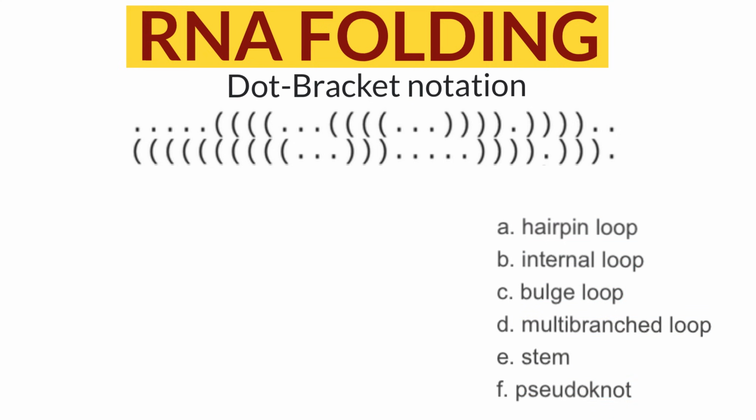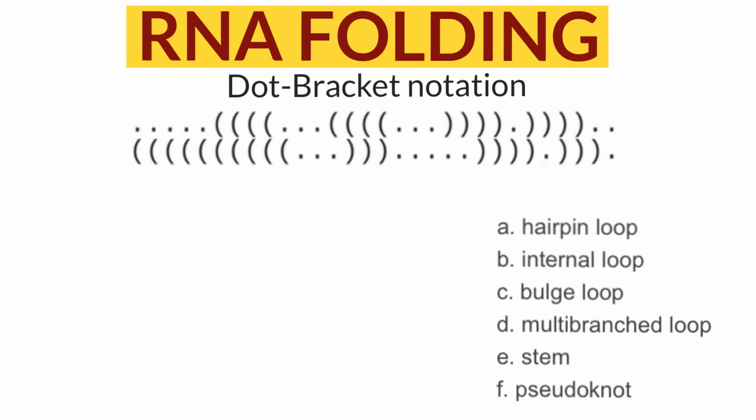Now let's do reverse engineering and convert dot bracket notation into the two-dimensional structure of RNA. We have 1 and 2 different RNAs here, so we are going to use them as examples. We are using dots for unpaired nucleotides and parentheses for paired nucleotides.